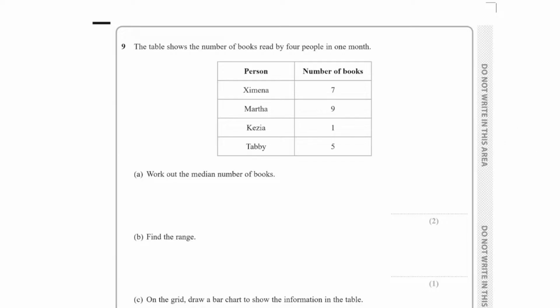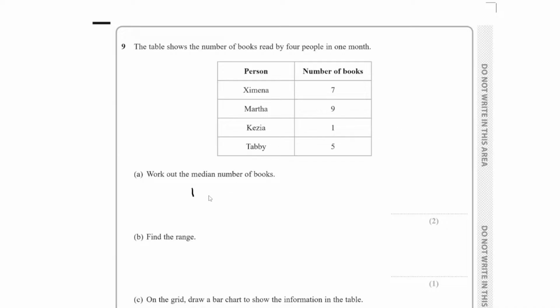So we can put the numbers in order, basically, don't we? They're not currently in order here. And we've got 2 marks, so we do need to have some kind of working as well. So a little bit of working and then an answer is what we're looking for. 1 mark for the answer, 1 mark for the working.